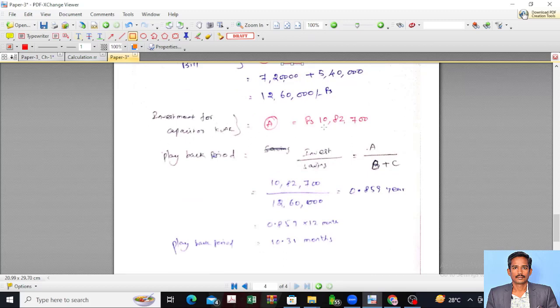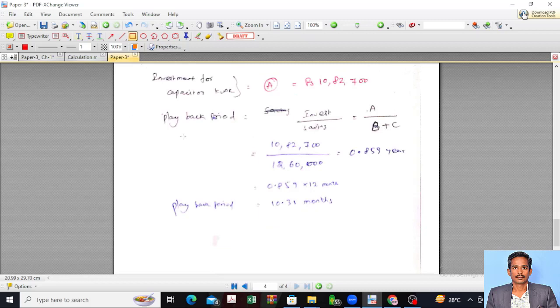Then the investment for the capacitor, which we already calculated, is 10,82,700 rupees. Then the payback period: how long will it take? We are going to invest this amount, and how long does it take to recover it? So the payback is investment divided by savings.